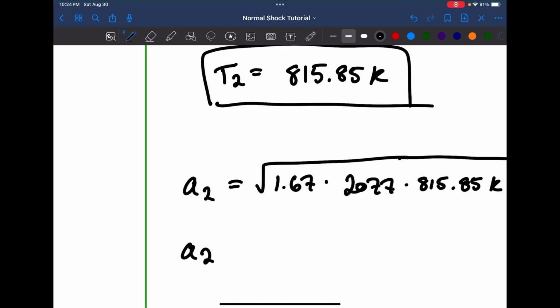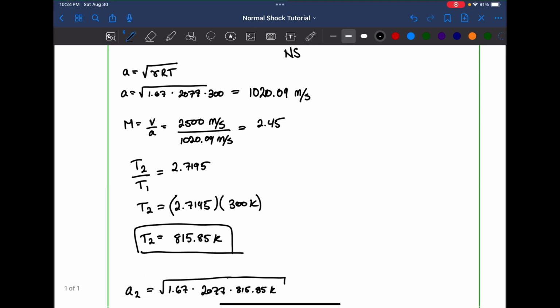Okay, so A2 in this case is 1.67 times 2077 times 815.85. And then we can go ahead and square root that. Should get 1682.22 meters per second is our speed of sound there.